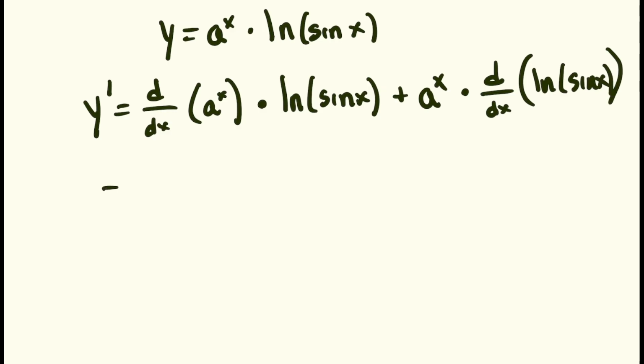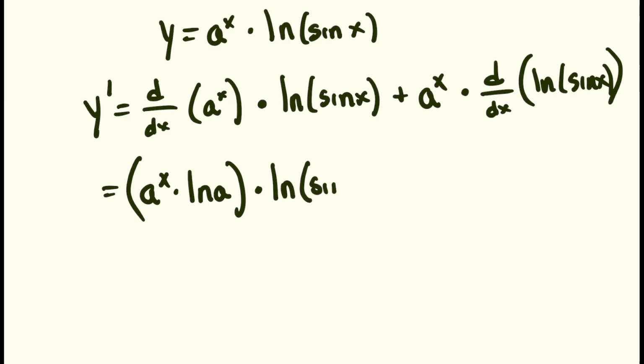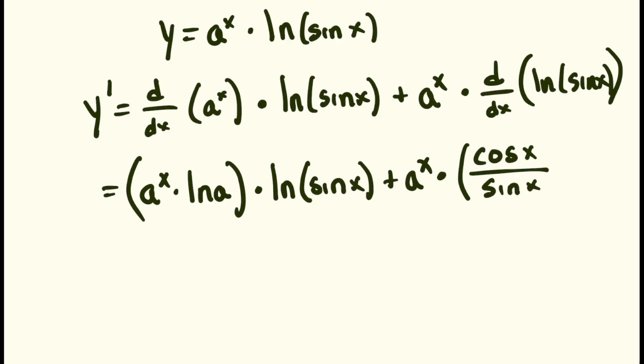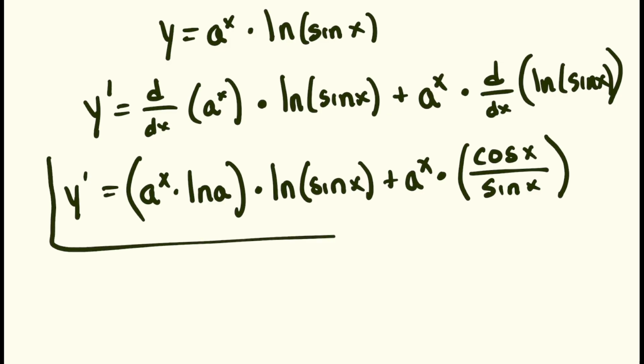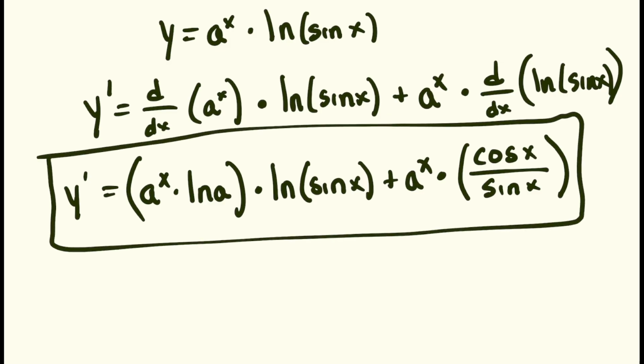All right, and we also know our derivative for a to the x is a to the x times natural log of a, and then we just copy and paste the second part of that right there, plus a to the x times the derivative. I'm going to keep on writing this as cosine of x over sine of x. All right, so there is the derivative of our function using some nice tools that we're working with. Thank you so much for listening.